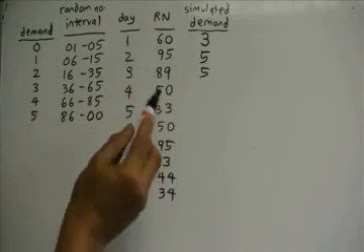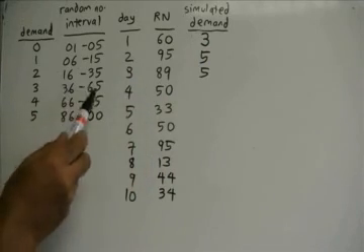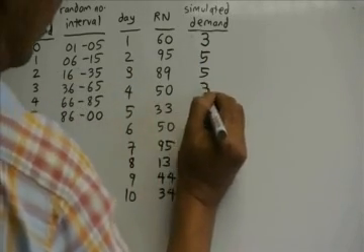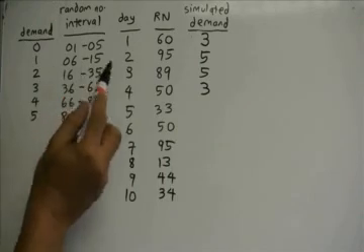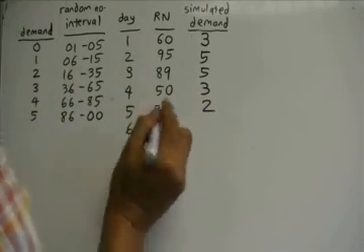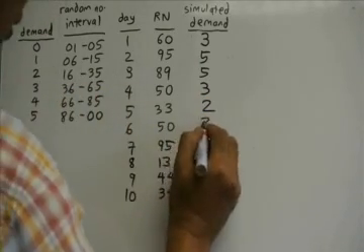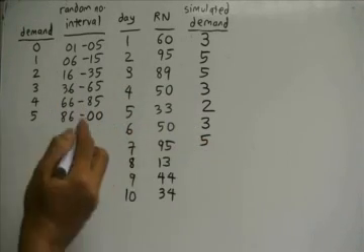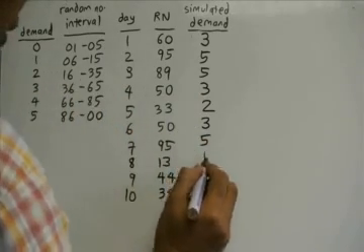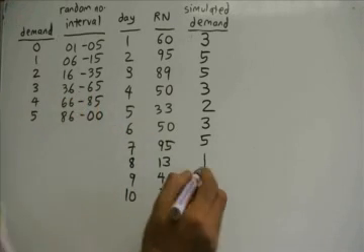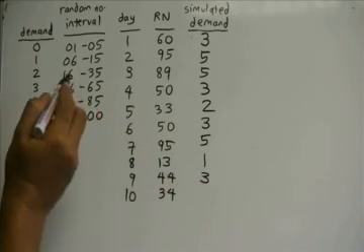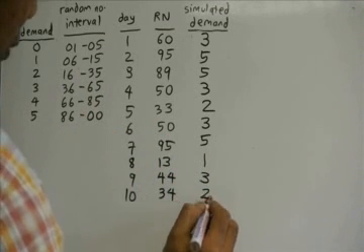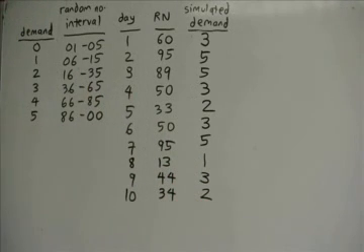Now we continue. 50 is between 36 to 65, 3. 33 is between these two, 3. 50, 3. 95, 5. 13, this one, 2. 44, 3. 34, 2.